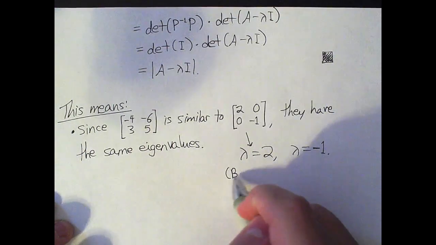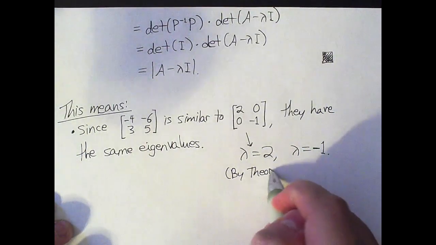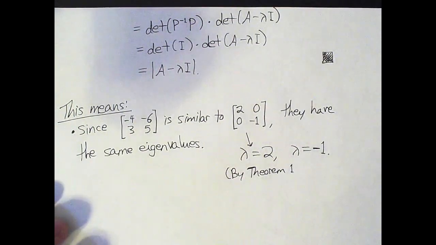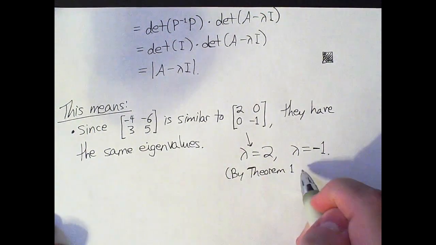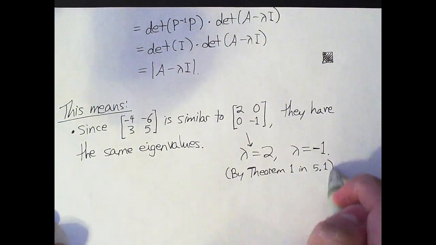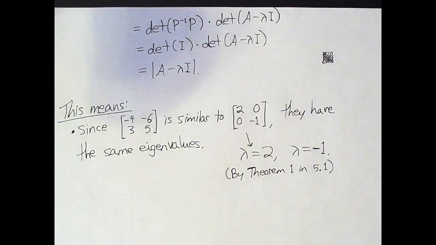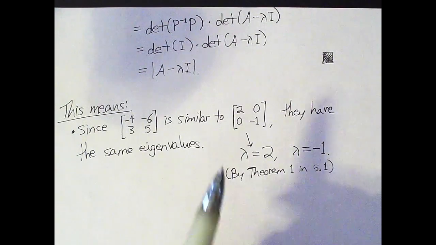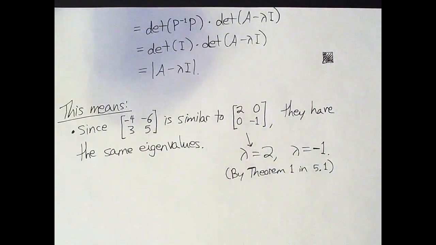This is by theorem 1, that was in our lesson where we introduced eigenvectors and eigenvalues. Theorem 1 in the textbook is in section 5.1. It basically said if you have a triangular matrix, the eigenvalues are the entries along the main diagonal. So this is definitely triangular, so the eigenvalues are 2 and -1.